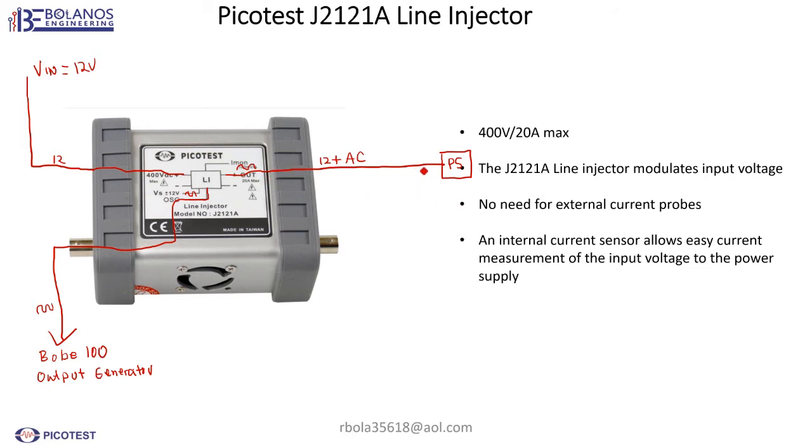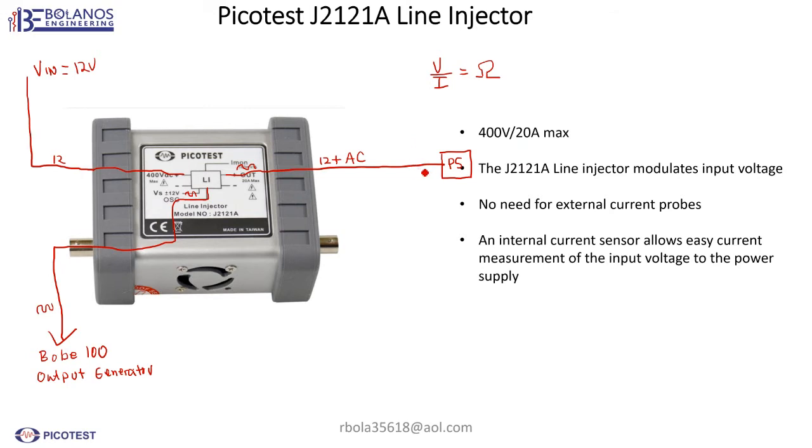Okay, and typically, since you're doing an impedance measurement, you're going to be doing a V divided by I measurement, and that should give you resistance in ohms.